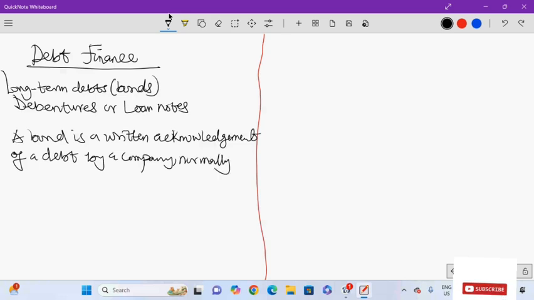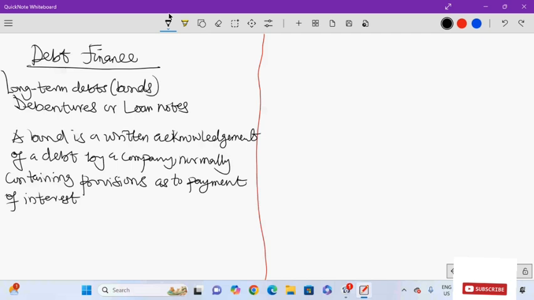And it normally contains provisions as to payment of interest and the terms of repayment of the principal, right?